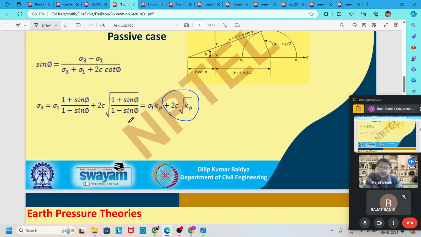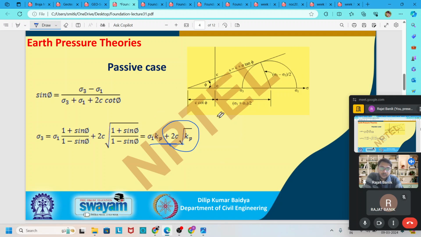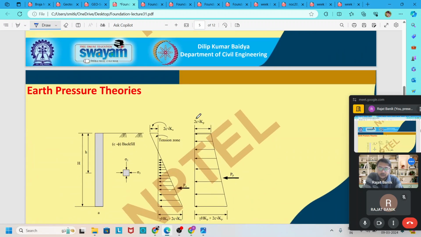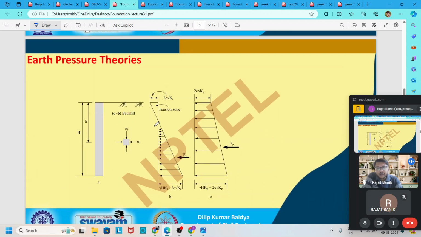This formula is also derived in a similar way, by the Mohr circle concept. We can go through it. Then, if you draw the pressure diagram, this is the active pressure case and this is the passive case. The diagram looks like that.